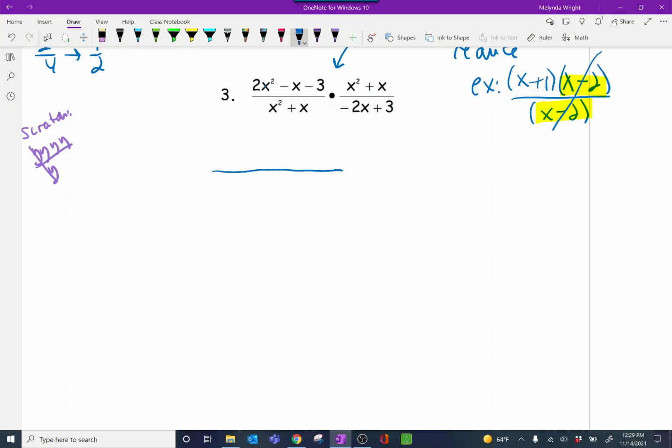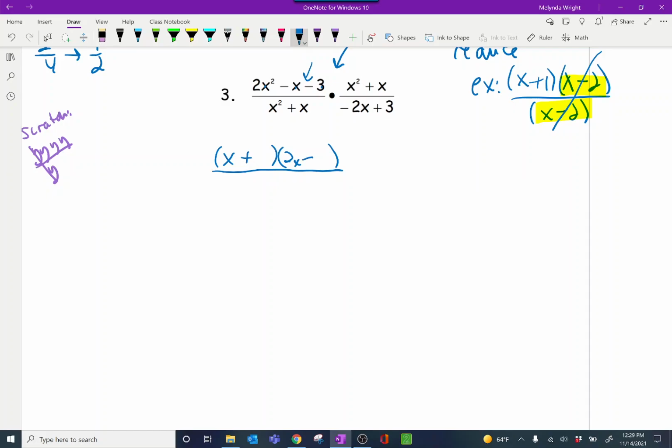This has 3 terms in the numerator, so I'm going to factor like FOIL. The last sign is negative, so my signs would be different. 2x squared, x times 2x or vice versa. We're just doing guess and check.